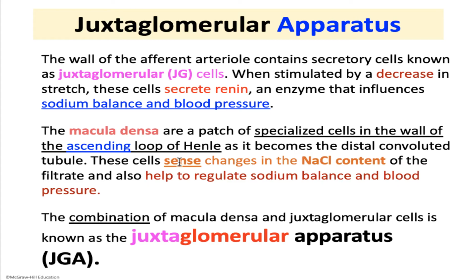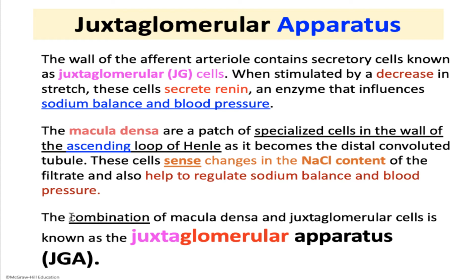These cells can sense the fluid passing in the tubule, and they can then make adjustments to regulate the sodium balance and the blood pressure as well. So the two sets of cells are next to each other, and they're talking to each other, and they're regulating sodium balance and blood pressure.